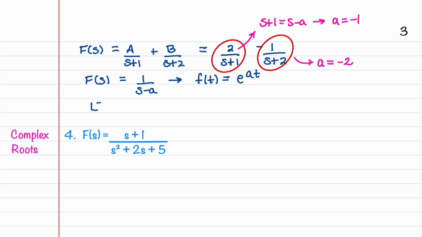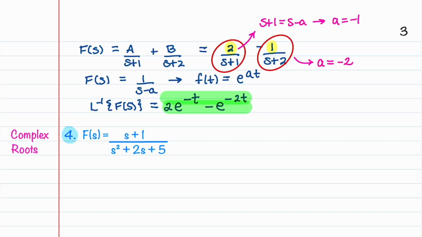The inverse Laplace transform of capital F(s) is equal to 2, that comes from this constant right here, times e^(at), which is e^(−t). And then we have our next constant, −1. So we have a minus e^(at), which is e^(−2t). And there's our answer.